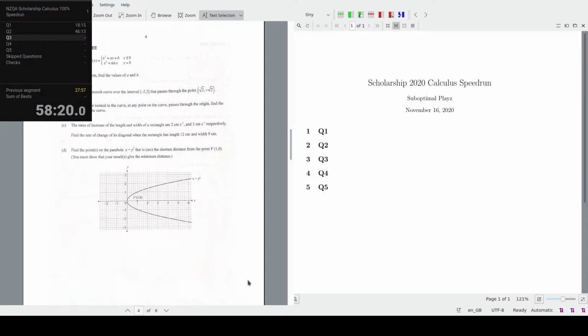Alright, and then we just get, let the distance be s. s squared is equal to (x minus 1) squared plus y squared, which is equal to (t squared minus 1) squared plus t squared.